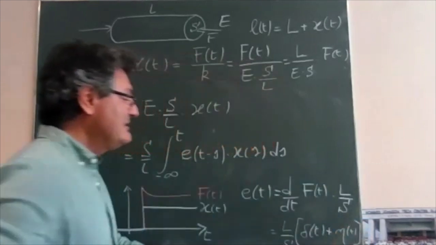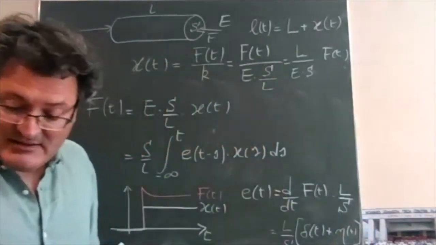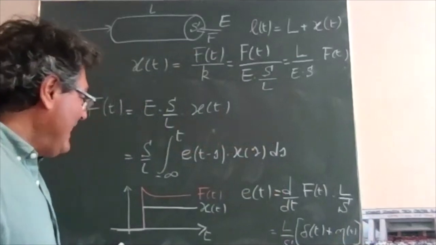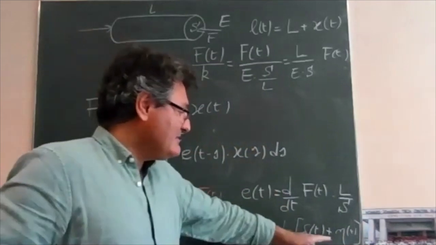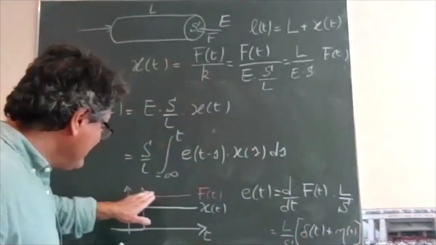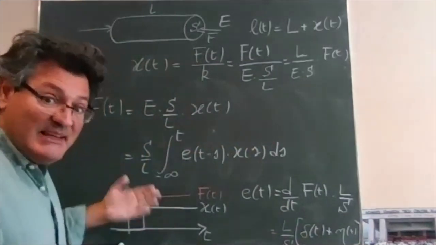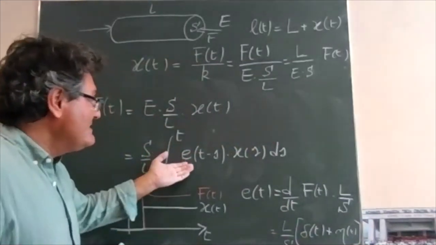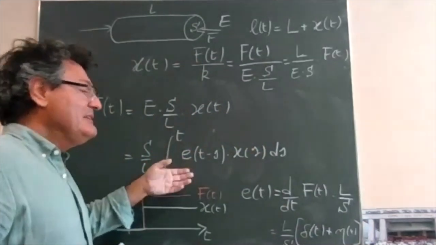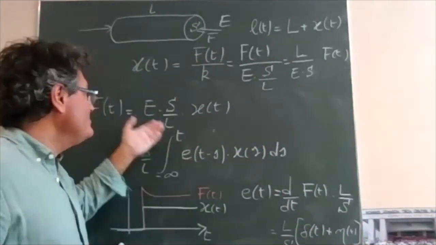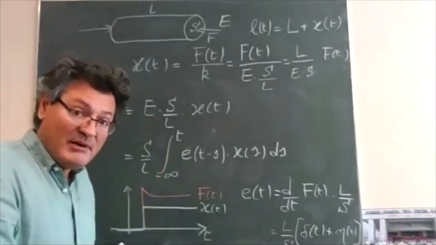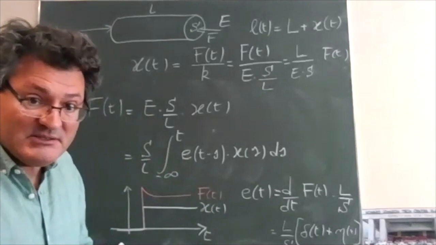which represents the relaxation of the material, and it is thanks to this relaxation that the Young modulus, or the integral of this function, produces a Young modulus that in the frequency domain has a real part and an imaginary part.